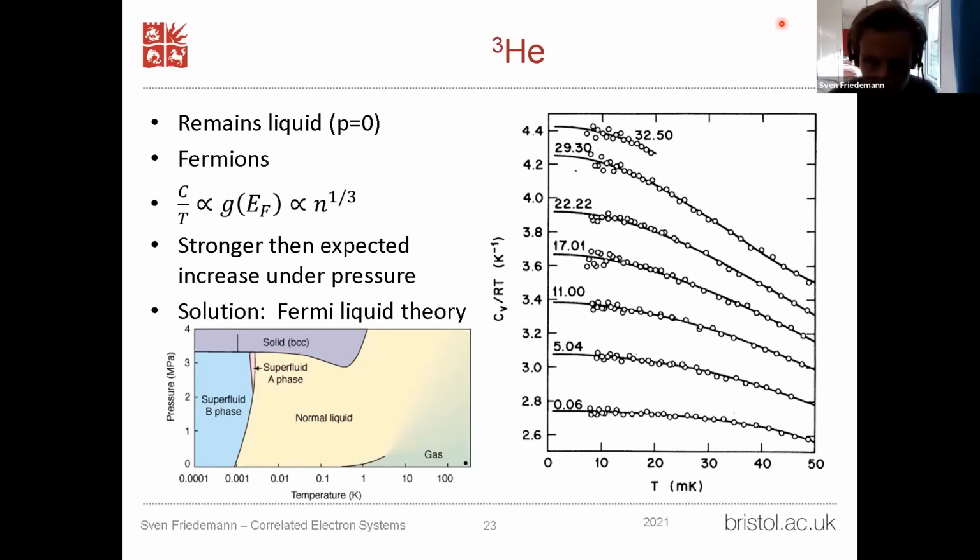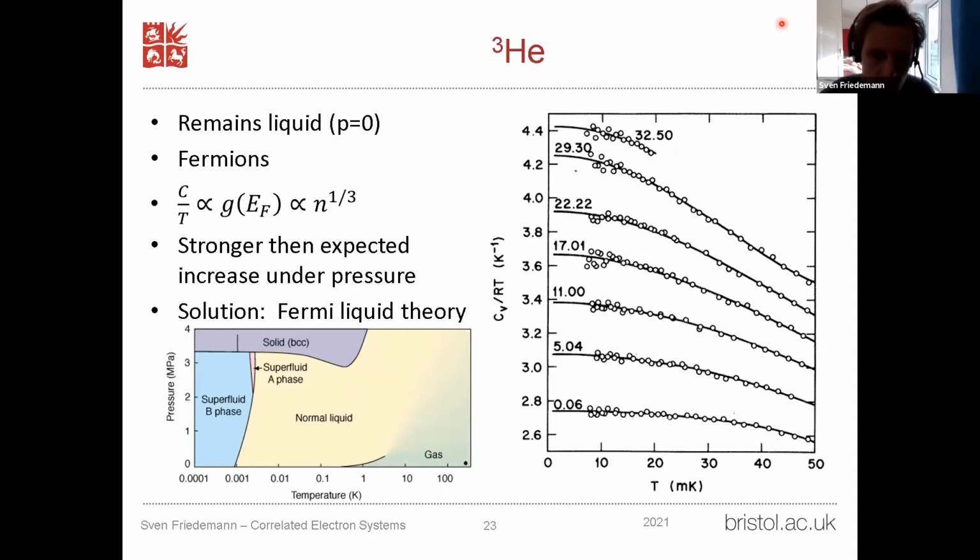This is not a metal, obviously. It is a liquid of helium-3 atoms. Now, this is important because of the helium-3 atoms, so we're talking about the neutral atom here, the nucleus carries 2 protons and 1 neutron.